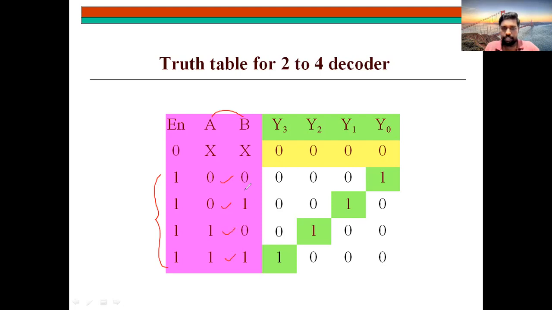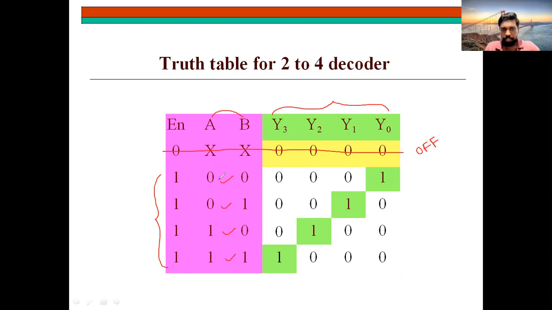For each and every combination, one among the four will be activated. Let me remove this case, because we have seen previously that this is when the circuit is in off state, so no outputs will be generated. So leave this, and now you see this one.